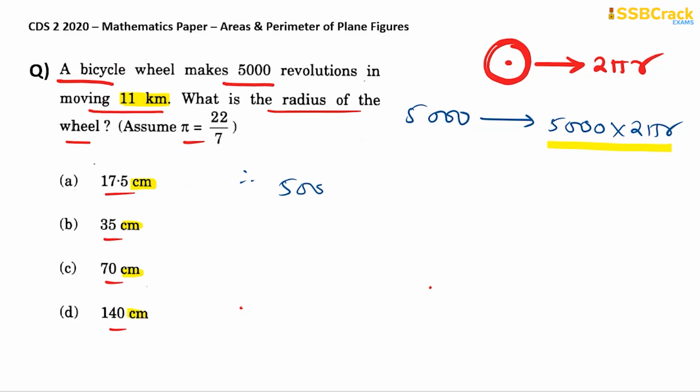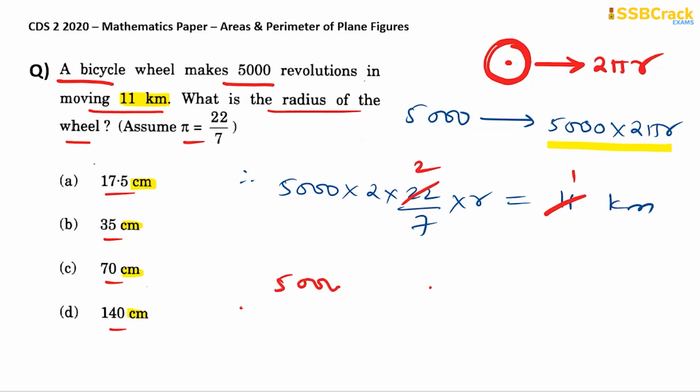So 5,000 multiplied by 2 into 22 by 7 into r is equal to 11 kilometers. Let me simplify this. What we can do here is cancel the 11s. So we will have 5,000 multiplied by 4 upon 7 into r is equal to 1 in kilometers.